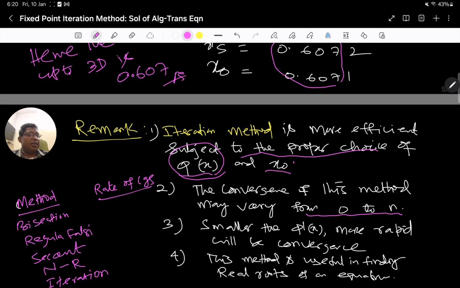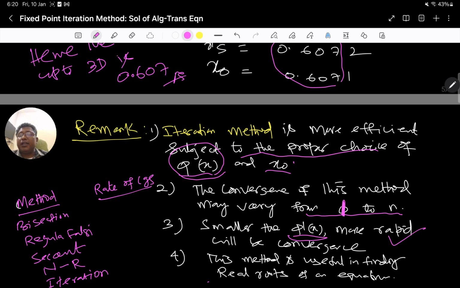The smaller the phi dash x, the more rapid the convergence. And this method is useful in finding the real root. If an equation has a complex root, this method will not be that useful.